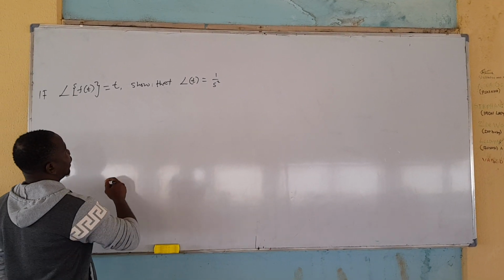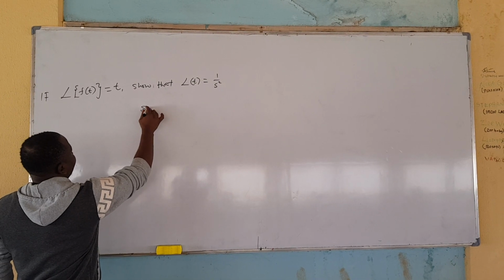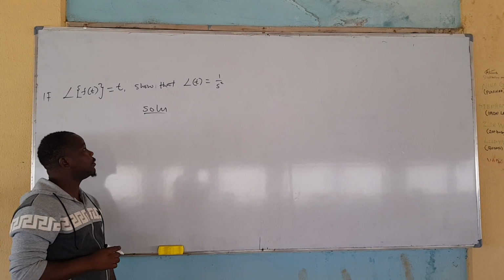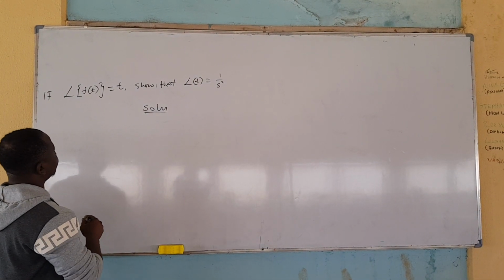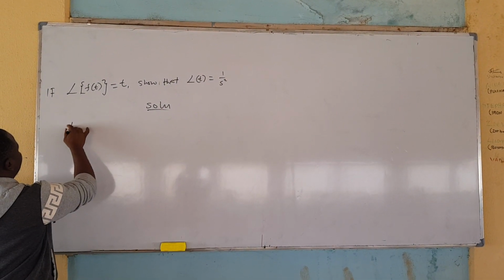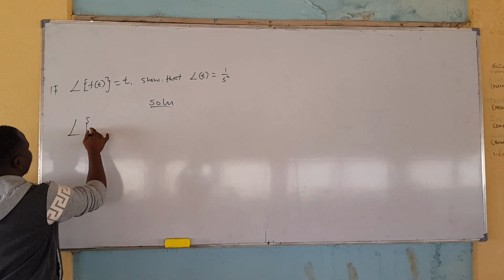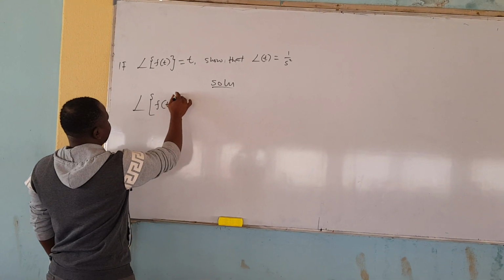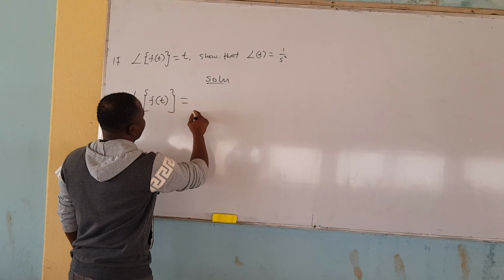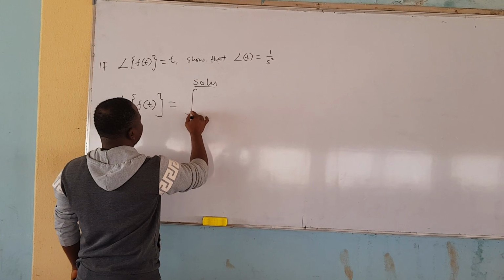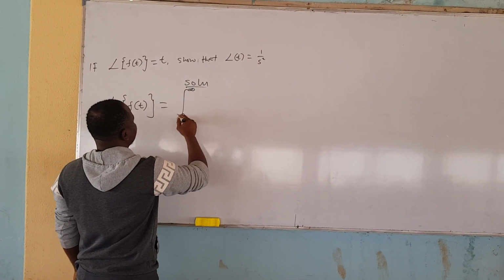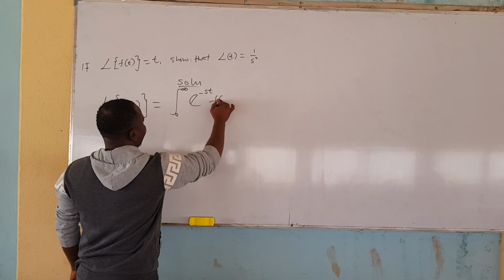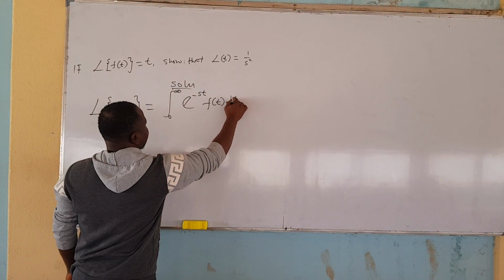We first write the solution, then we are going to define Laplace mathematically. Is that clear? Okay. We know that Laplace of f of t is equal to the integral from 0 to infinity of exponential minus st f of t dt.